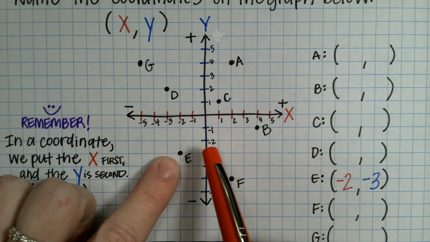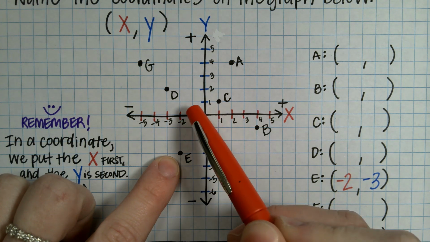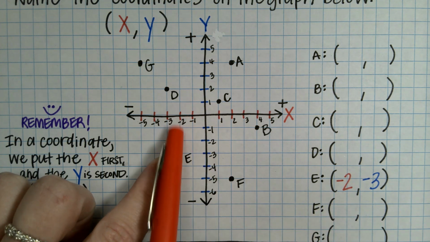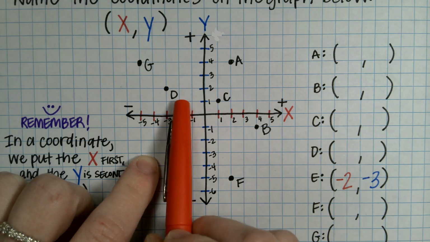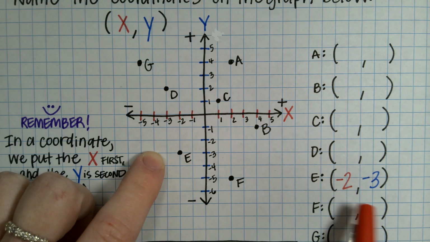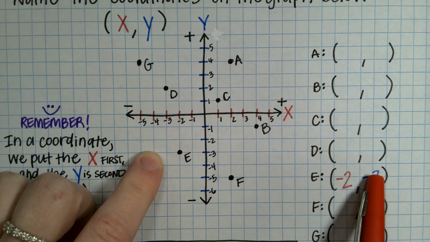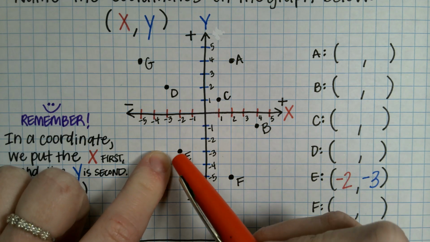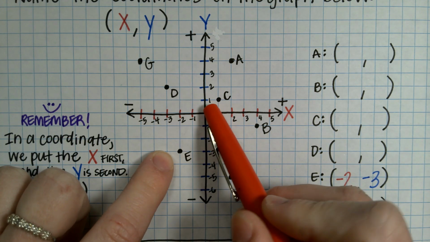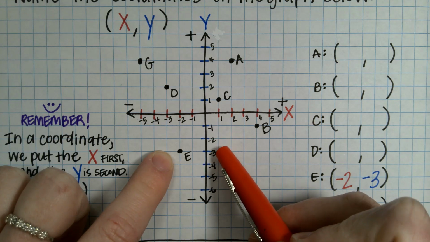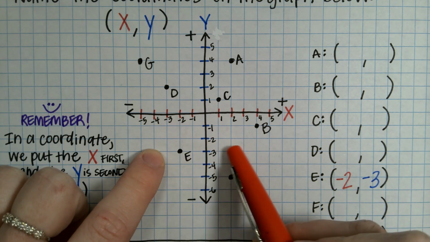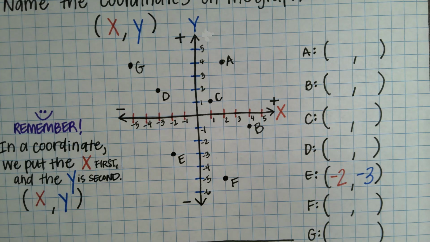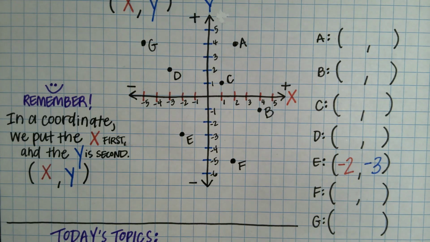So I see E's right here, and I go over 1, -1, -2. That's where it lines up. And then it says E is -3 for the y-axis. If you look at where E is, it lines up with -1, -2, -3 right here on the y-axis. So there's the refresher.